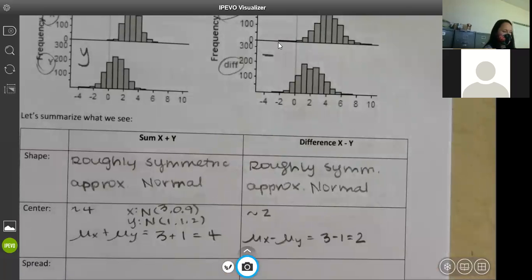And then what's your spread? What do we know about the spread regardless of whether they're adding or subtracting? It's going to be the same.